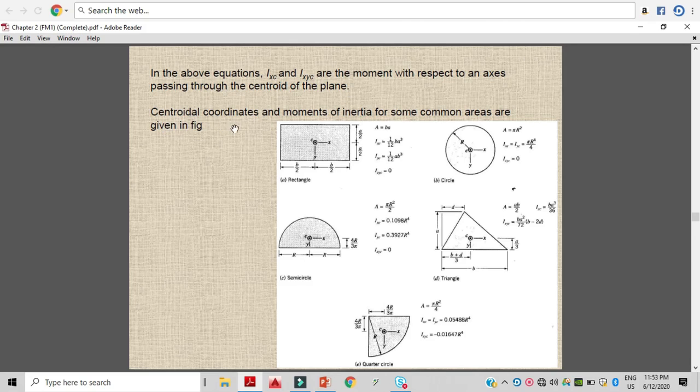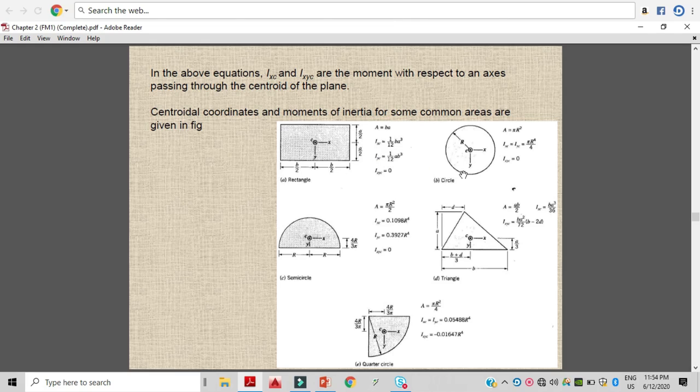Centroidal coordinates and moment of inertia for some common areas are given in the figure. Okay, for common geometry we have some standard moments of inertia which are given here. If you have a rectangular shaped plane surface, then the moment of inertia along x-axis and y-axis about the centroid is given here.